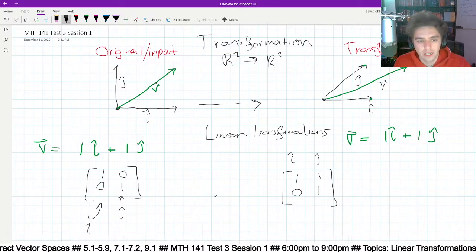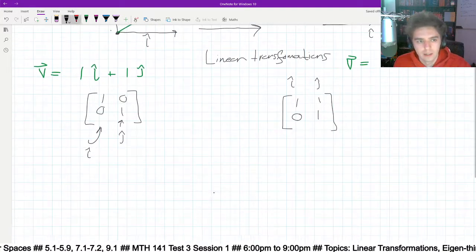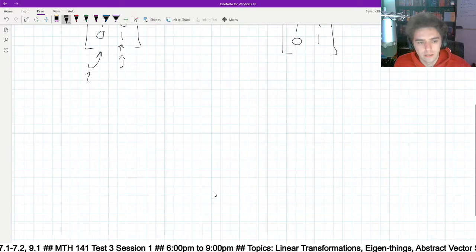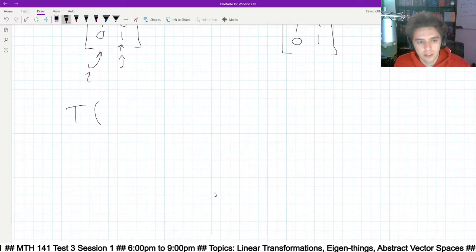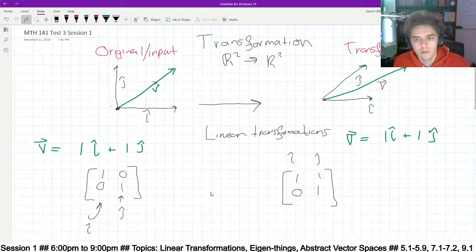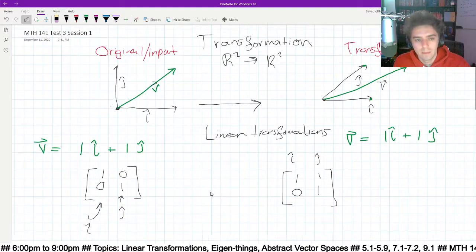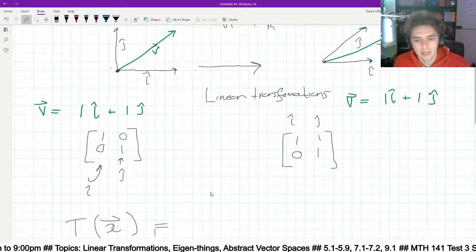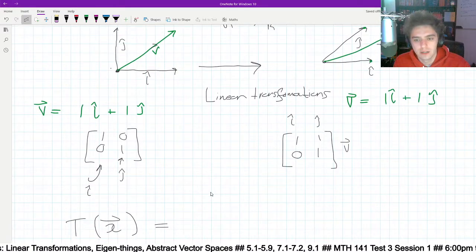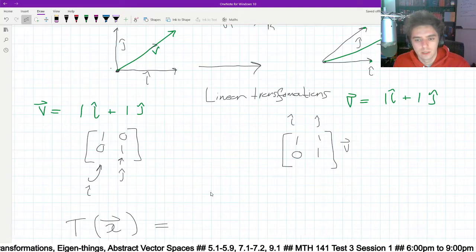You're putting it in and getting out an output vector, just like a function from calculus. So we write it like T of the vector x is equal to whatever the output vector is. But in this case, I told you that that's the same thing as multiplying the matrix representation by v.